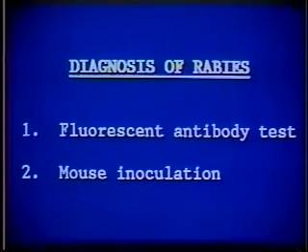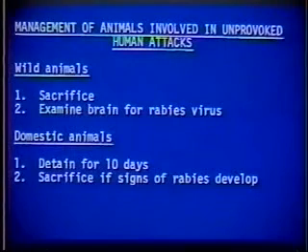This is of suckling mice with an intracerebral inoculation of suspected specimens. So it is the fluorescent antibody test that has become the standard postmortem test, and in this slide we show the fluorescence of the virus antigens using a specific antibody and a fluorescence microscope.